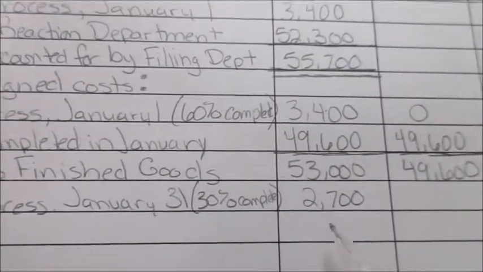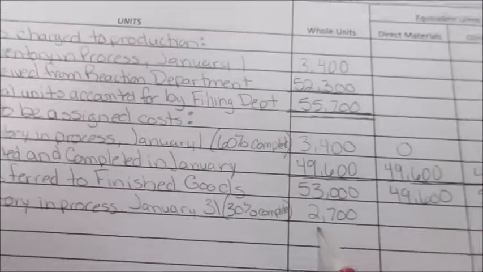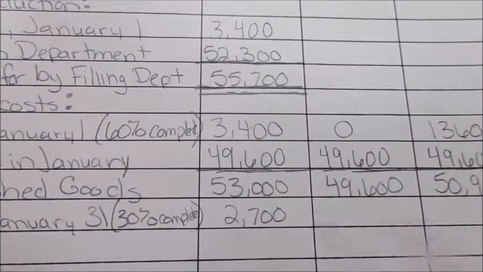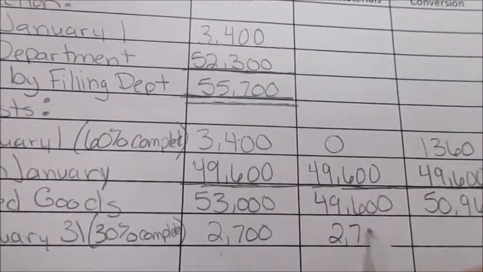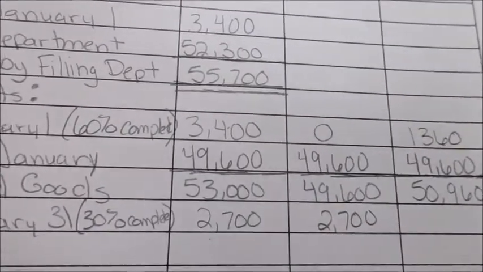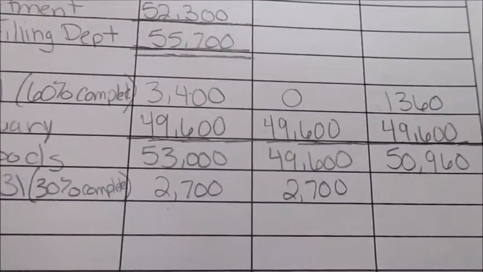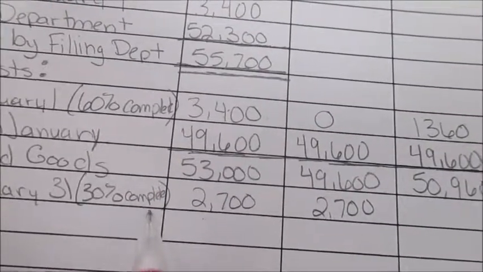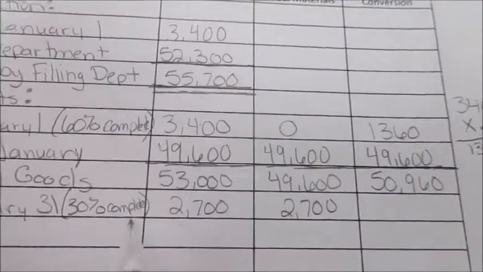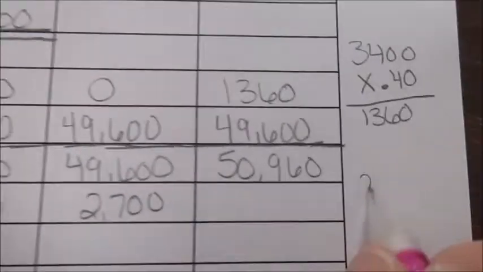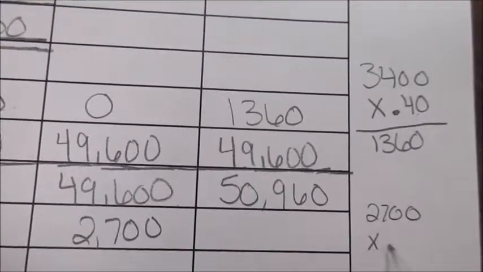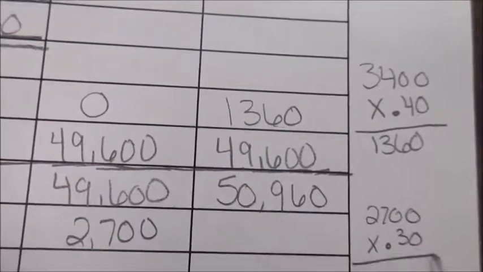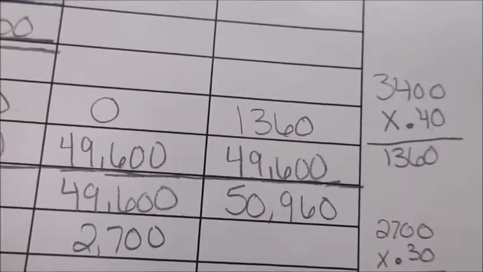So of that 2,700, all of the direct materials go in when we begin the process, and we have begun the process. So all of those units are going to be counted under direct materials. It is 30% completed. So 30% of this process has been conducted in January. So we're going to take this 2,700 times the 30%, and we're going to get 810.